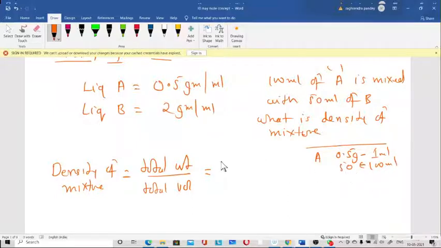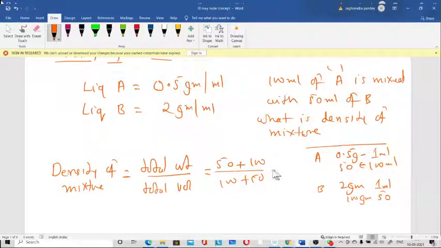So weight of A is 50. Plus, now we have to calculate the weight of B. B is 2 gram per ml, means 2 gram is there in 1 ml. So how much in 50 ml? That is 100 gram. So plus 100, divided by 100 ml of A plus 50 ml of B.